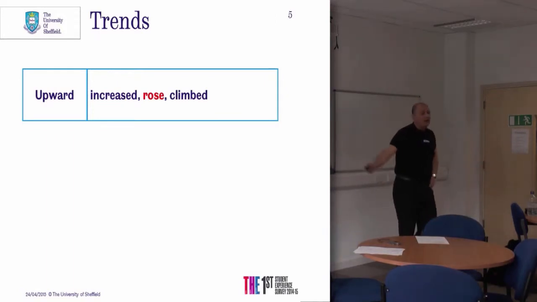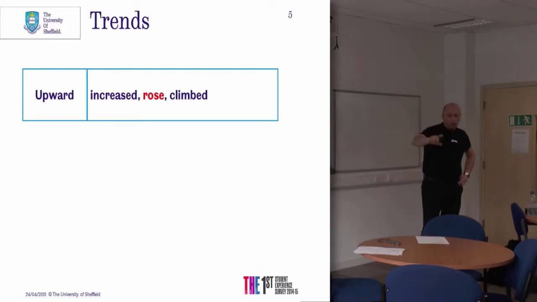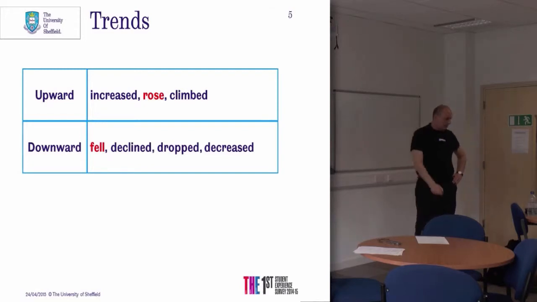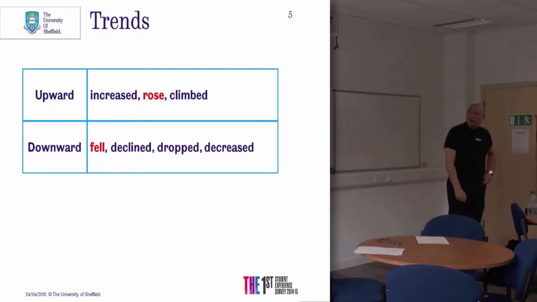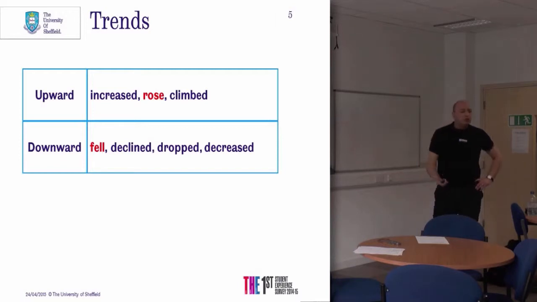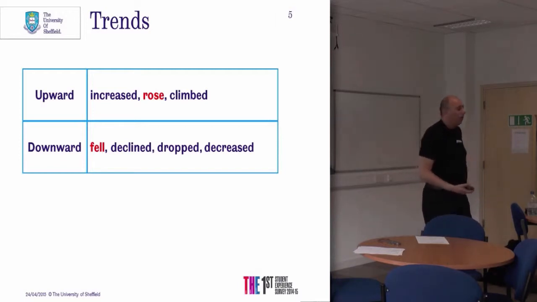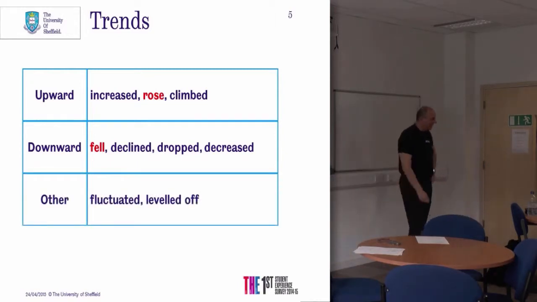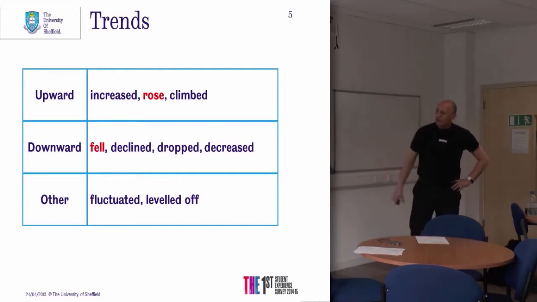Four, with the example. Let's have a look. So you've got fell, declined, dropped, decreased. Very good. And there were two more verbs: fluctuated and leveled off. So these are what you should have had in there.